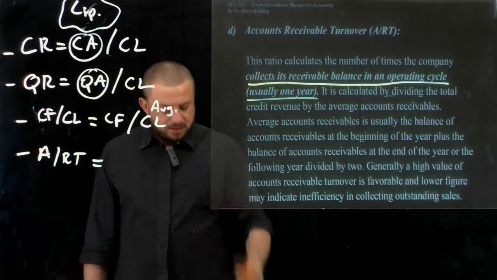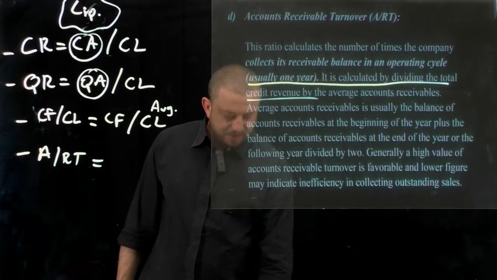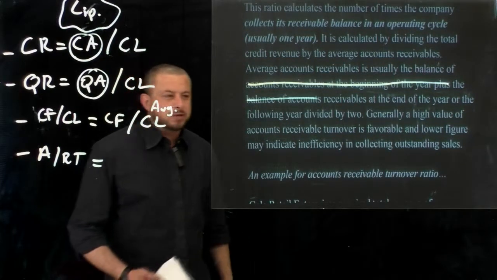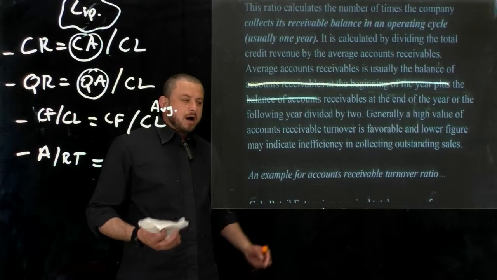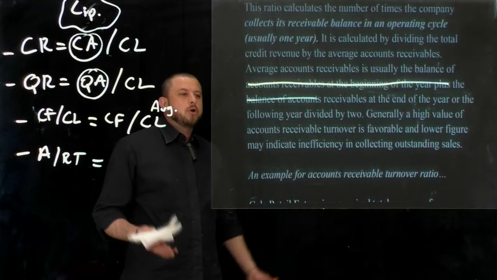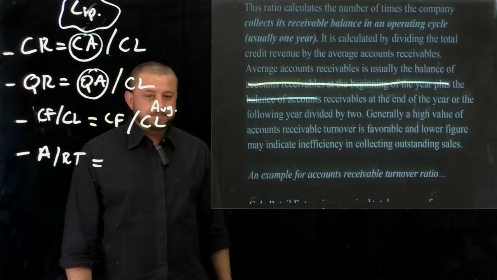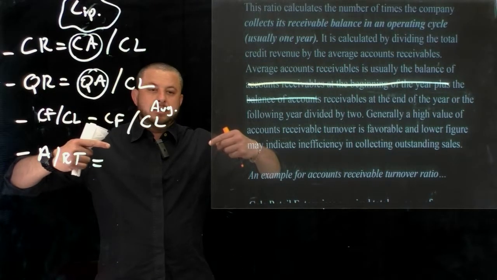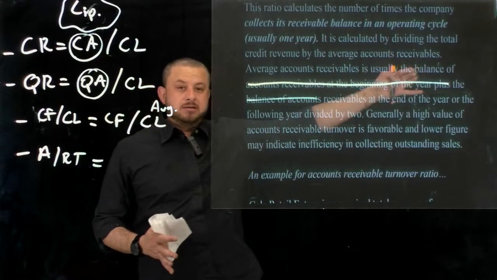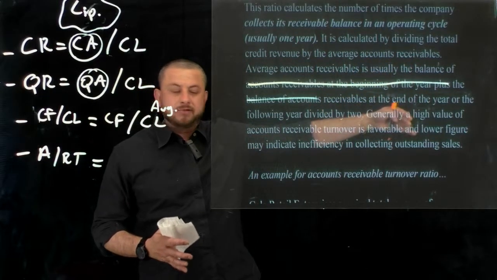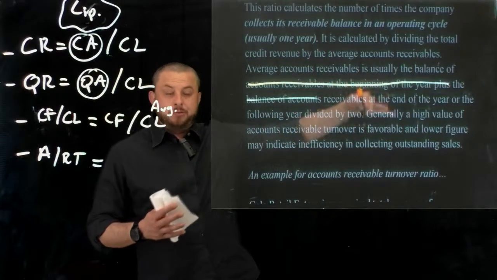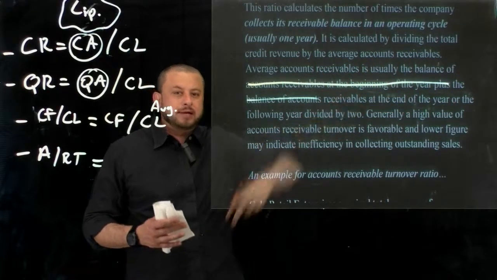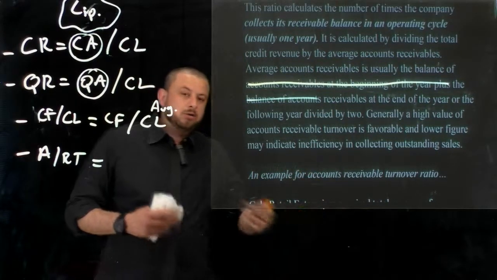So ask yourself, as a finance guy, as a revenue guy, as the number guy in a hospitality operation, would you like to have a higher accounts receivable turnover ratio or a lower turnover ratio? In other words, would you like to collect the money you have out there? Somebody's going to pay you that money because it's accounts receivable, right? Money you have out there which will be paid sometime in the future. Would you like to collect that amount of money quicker, faster, or slower, okay?